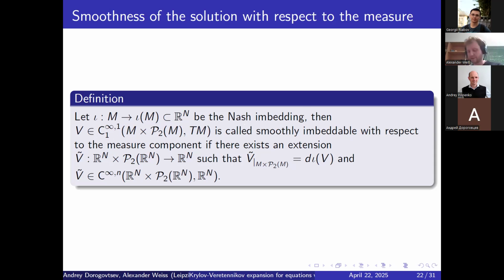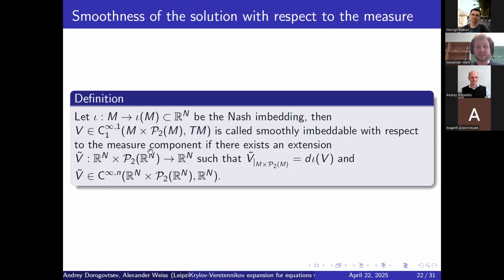We want it to be smoothly embeddable in general, but if you would just call it smoothly embeddable, then people would just think that you want to embed it smoothly into the submanifold, but we actually also want the smooth embedding with respect to the measure variable in Rn.